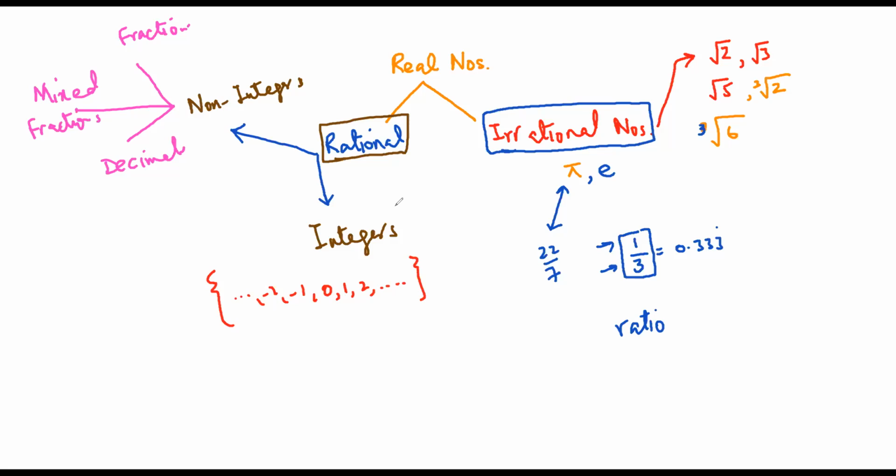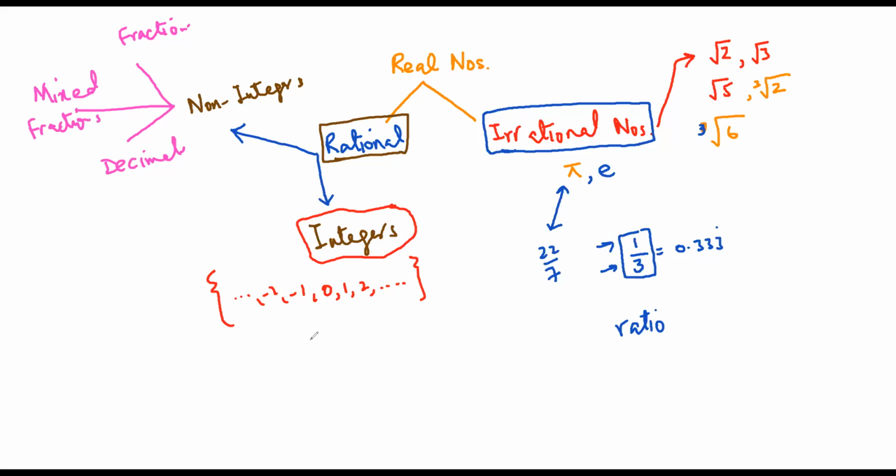Remember, this term will be used a lot in your mathematics. Whenever you hear the word integer, it means a whole number. There are no decimals, no fractions, no mixed fractions, and it can be positive or negative.